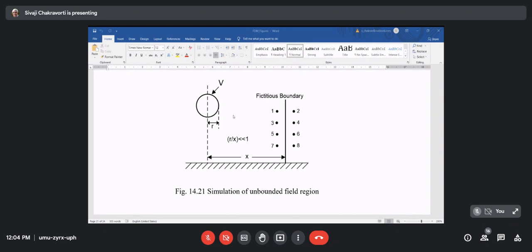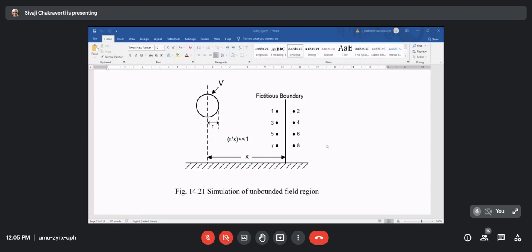So we know that as we move away from the conductors, the field varies much less sharply. And if we are far enough away, that means the distance x is much higher compared to the radius of these electrodes, then the field variation becomes very slow. So if I plot with respect to x, the variation of potential will become almost parallel to the x-axis.